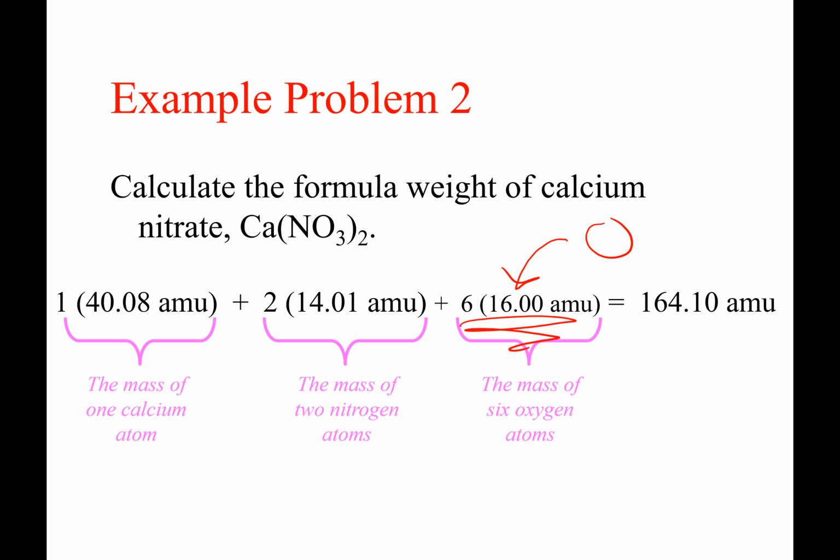Because if you just put 16, then in your final result you should only allow yourself 0 decimals, because that was one of the terms that had 0 decimals in it. 16.00 is a different number than 16. Any questions about that? So you get 164.10 AMUs. See, I told you it's not a mind bender. There are certain things in chemistry that are mind benders. This one's not.